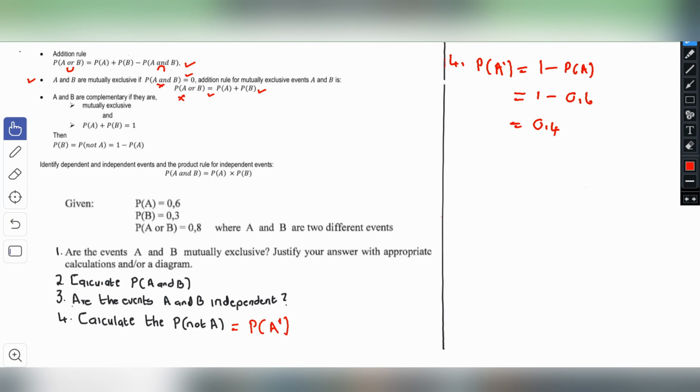So we talked about everything about the mutually exclusive, complementary, independent events and also the probability of not A, and not B. So now the hints, the things that you need to be aware of, right?